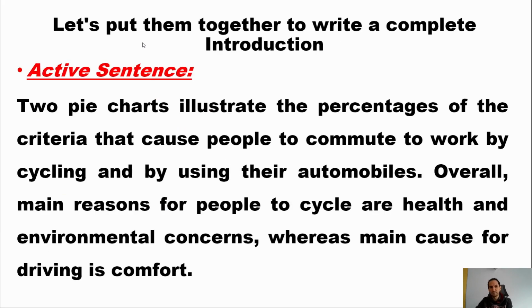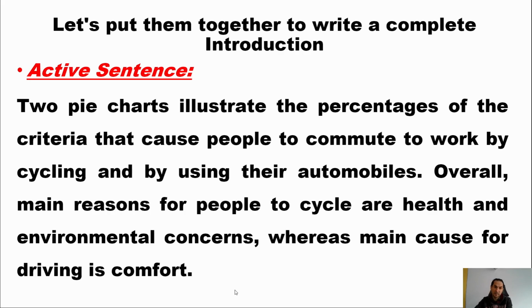So now let's put them together to write a complete introduction. 2 pie charts illustrate the percentages of the criteria that cause people to commute to work by cycling and by using their automobiles. Overall, main reasons for people to cycle are health and environmental concerns, whereas main cause for driving is comfort.